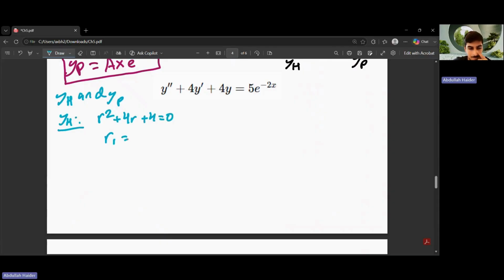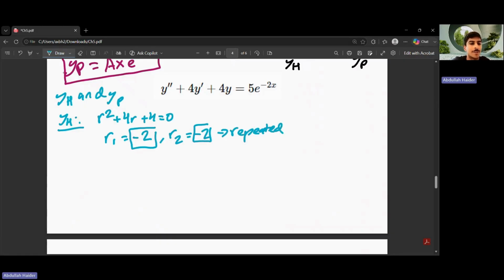Your r is going to be r1 is -2 and r2 is equal to -2. Now you have -2 and -2, which is repeated.